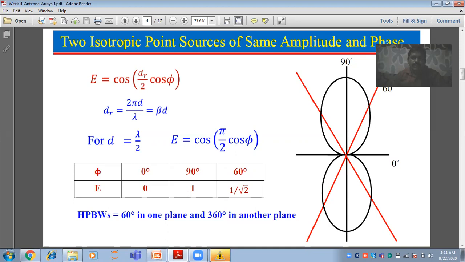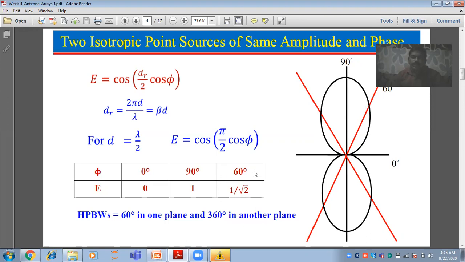So the resultant field due to this antenna array is maximum in the direction of 90 degrees. This is the perpendicular or broadside direction, so we have the major lobe in this direction.